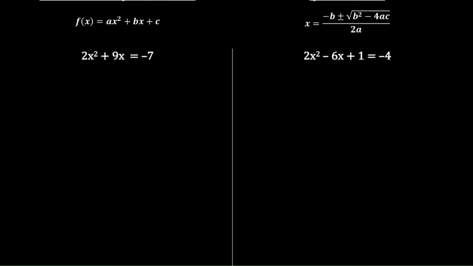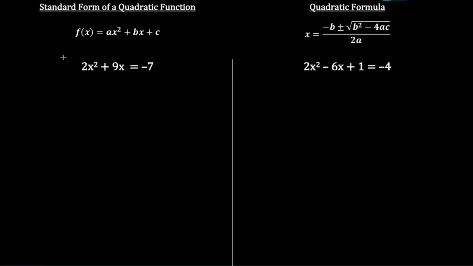So I'm going to give you this equation: 2x squared plus 9x equals negative 7. We're going to find out which values of x make this equation true. If I substitute in a number, the expression on the left will equal the expression on the right. So if I put in a number for x, I should get negative 7, right?